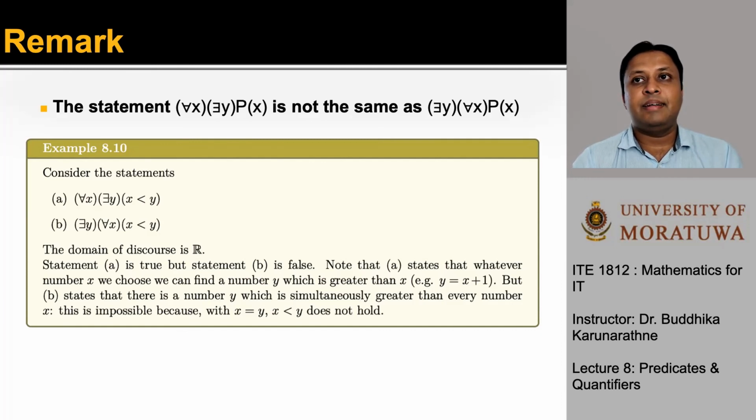So we can find at least one example where this will not hold. Therefore, the overall statement becomes false. That indicates that the two statements, A and B, are not equivalent. They mean different things, and they can have different truth values.